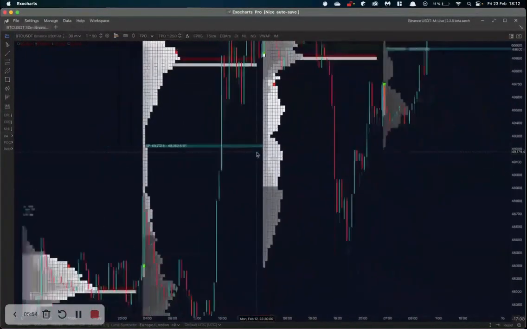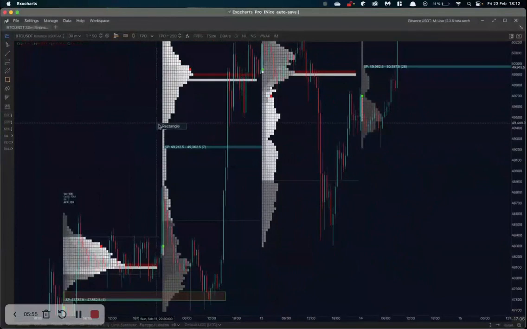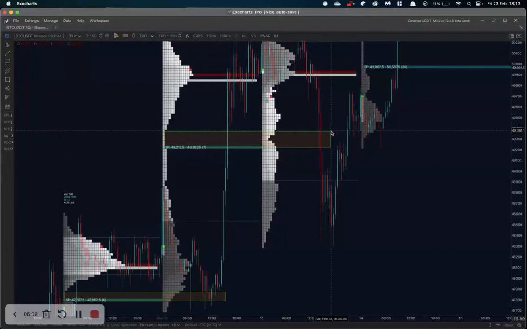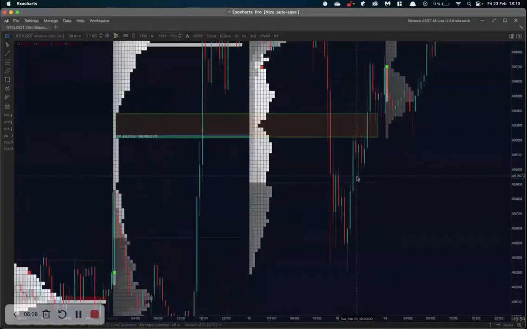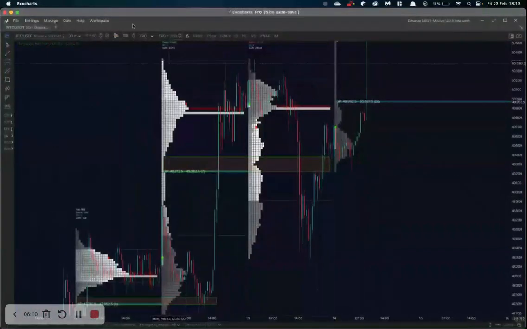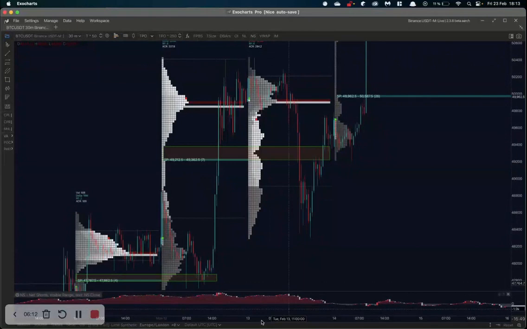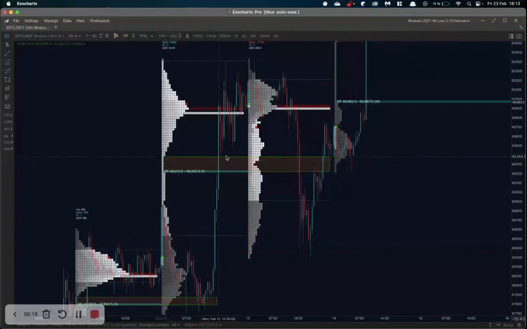Here, for example, is a low volume node, but as we can see, price just completely blew through that imbalance. That helps because then we can understand that this doesn't work every time, because sometimes the market selling is just too large. Here the market sellers. I'll turn on the net shorts here. Look how many shorts are entering the market here. So in this case, this imbalance wasn't able to hold.